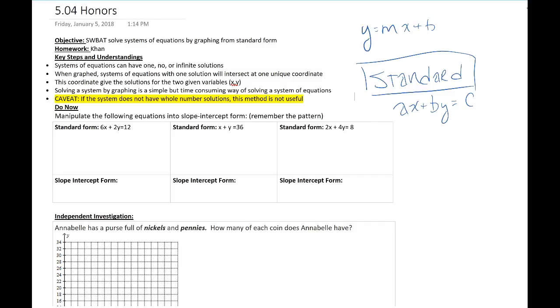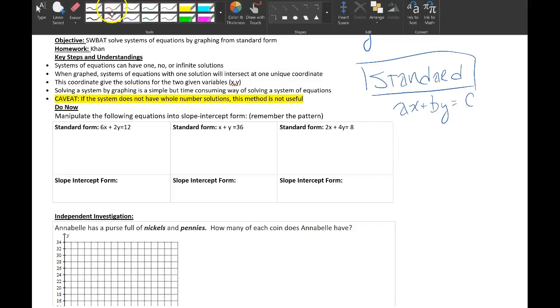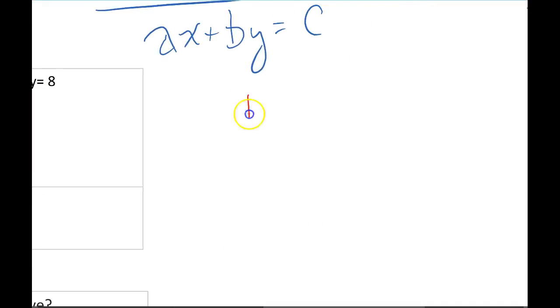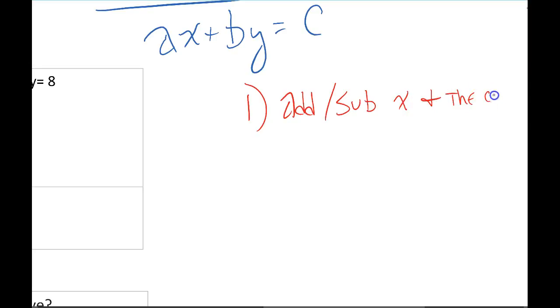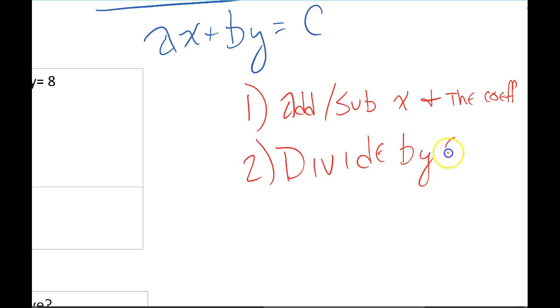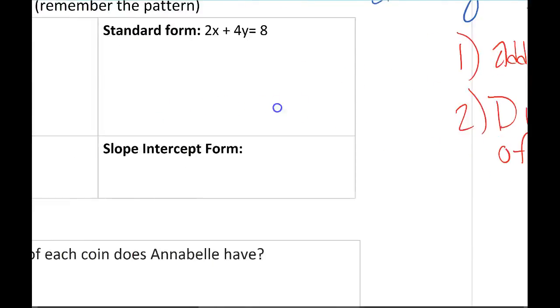We've done this a million times, but hopefully you remember that the key steps you need to follow each time are step 1, add or subtract x and the coefficient of x, and then step 2 is divide by the coefficient of y. This is the same 2 steps you follow every single time.